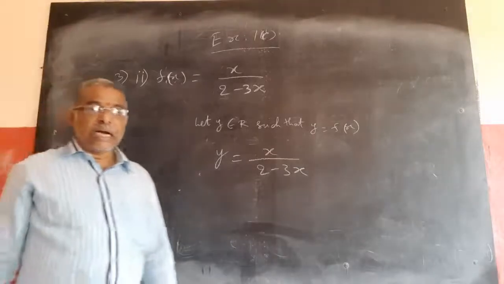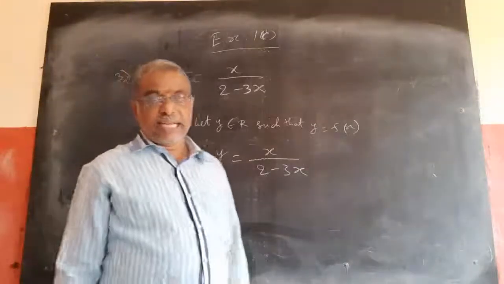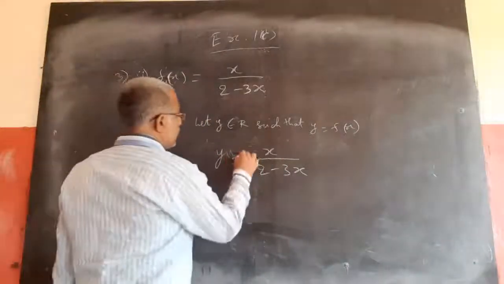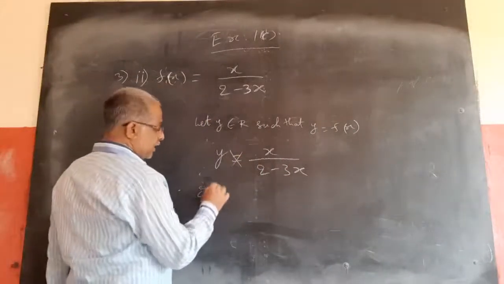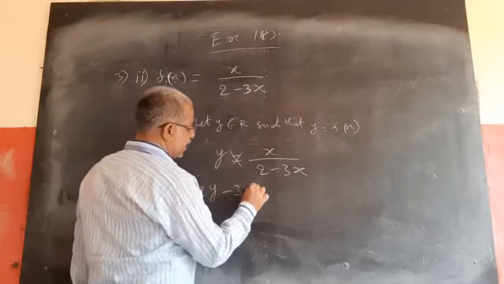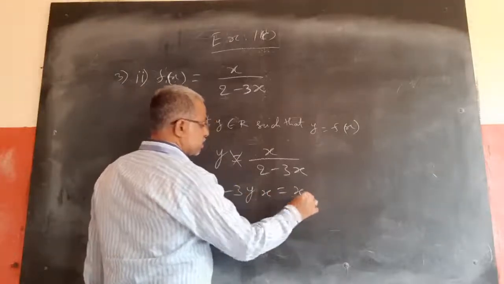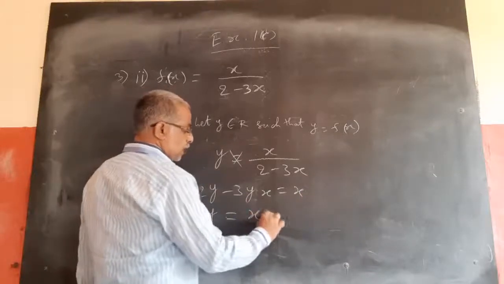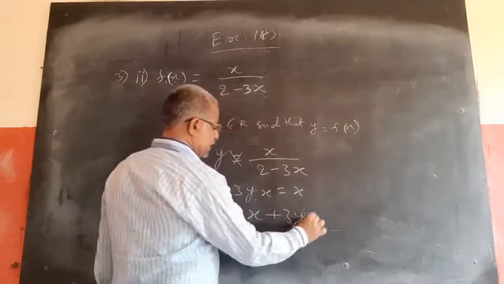Now I need x in terms of y. By cross multiplication, I will get 2y minus 3yx equal to x. Now this 3yx goes to the other side, becoming 2y equal to x plus 3yx.